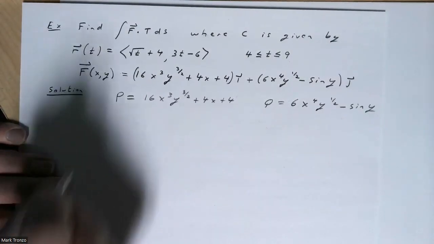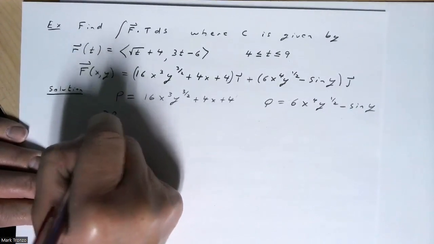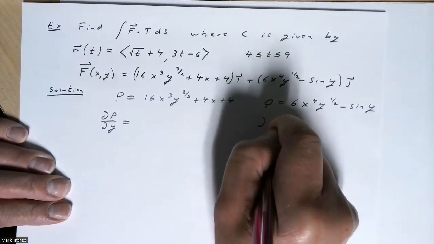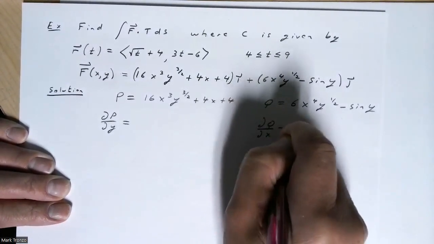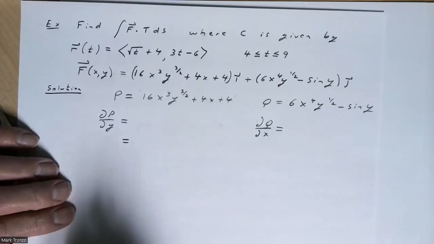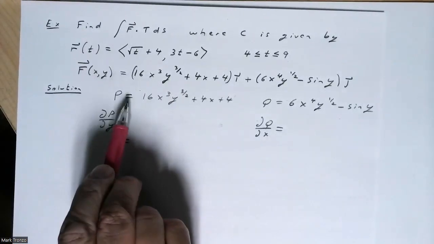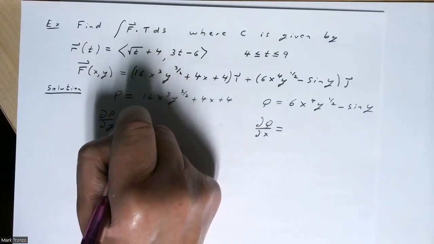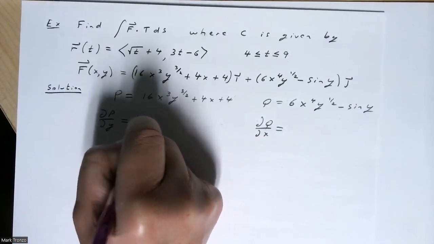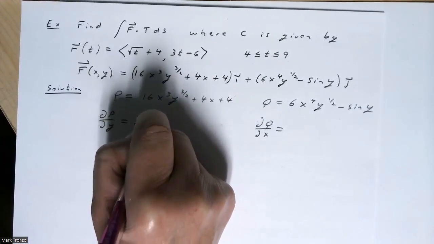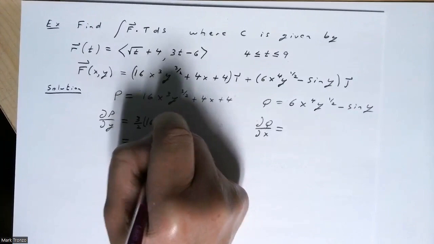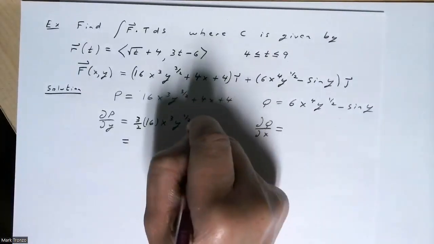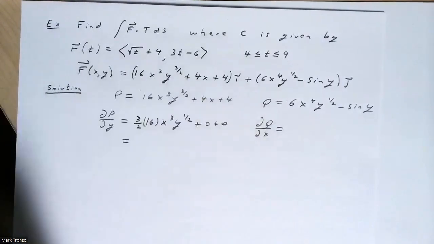Remember, to see if we have a potential function, we have to do dP/dy and see if that's going to be equal to dQ/dx. So when we take the derivative dP/dy, we'll bring this forward. This will be 3 halves 16 x cubed y, subtract 1 to be a half, plus 0 plus 0.